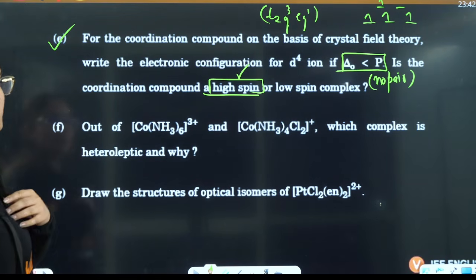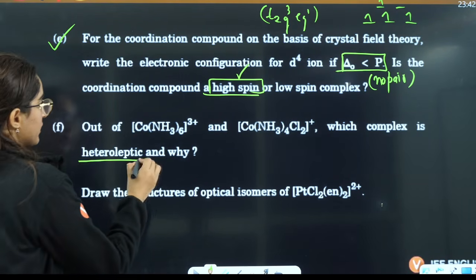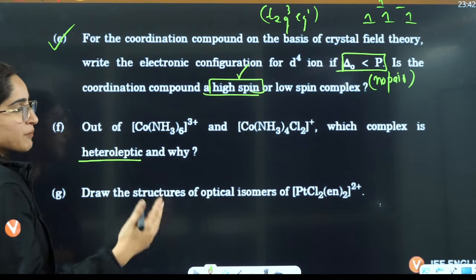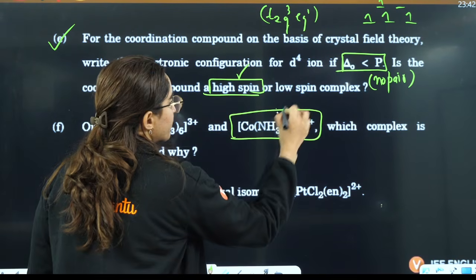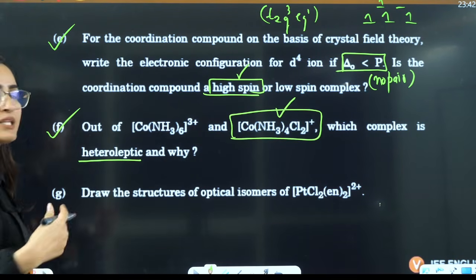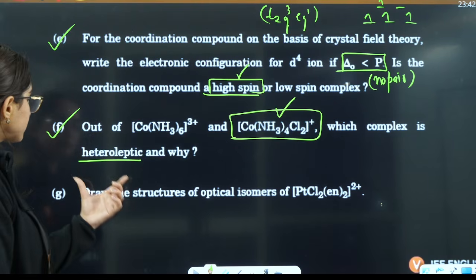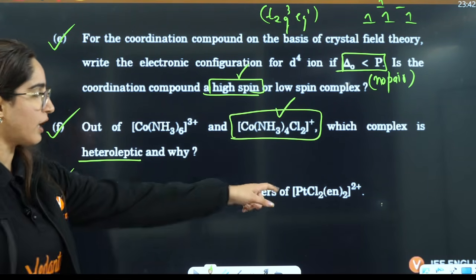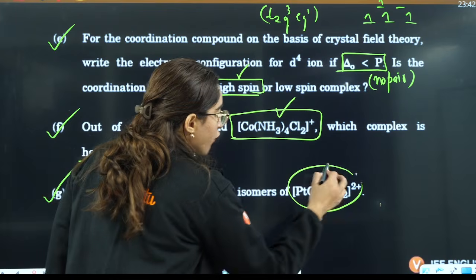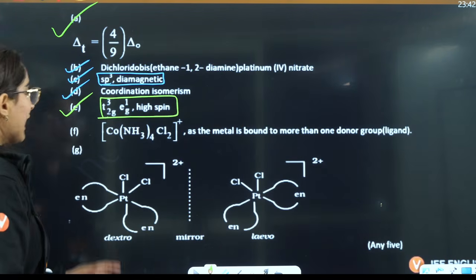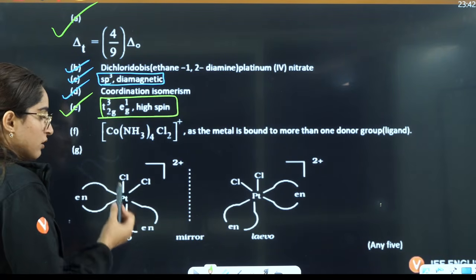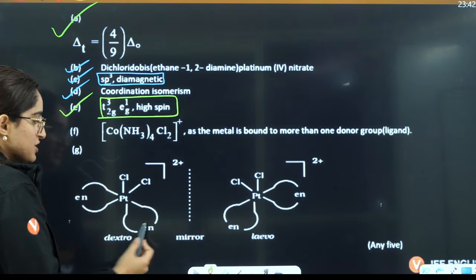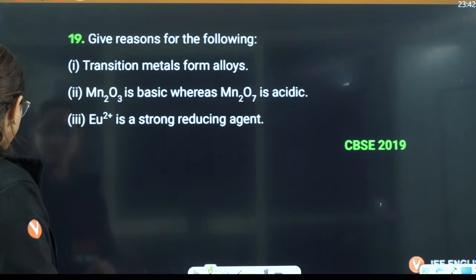Out of this and this, which complex is heteroleptic? Heteroleptic means different types of ligand. So this one is heteroleptic because it has more than one type of ligand. Draw the structure of optical isomers of this one. This we have already done before also. One will be cis, which will have its mirror image, and there will be one that is trans.